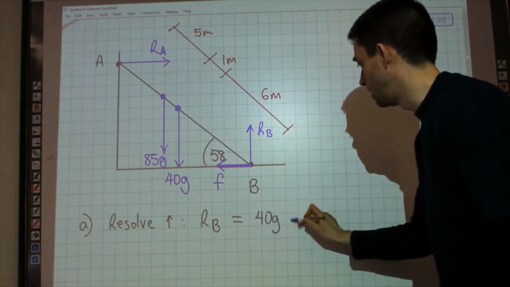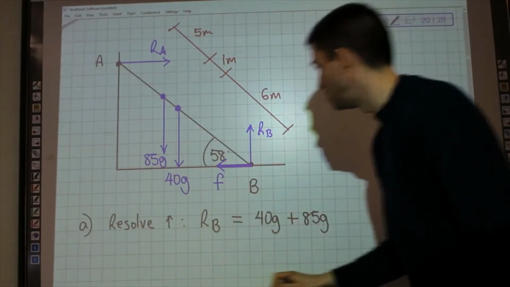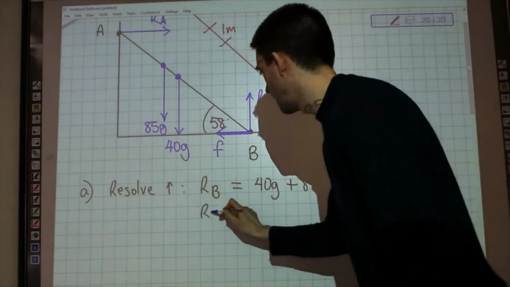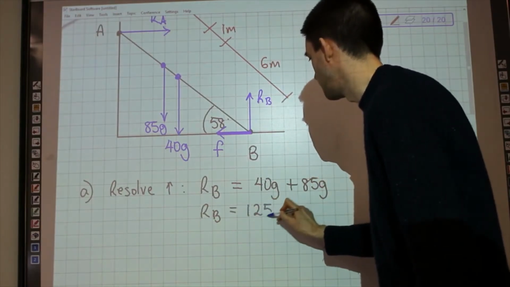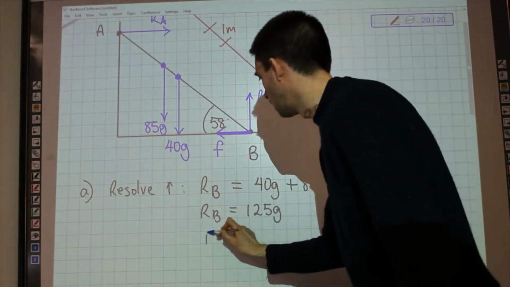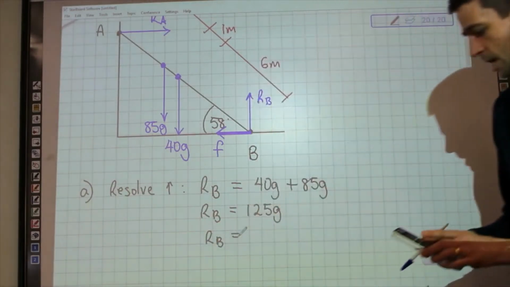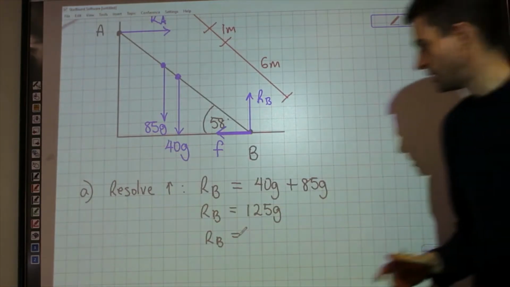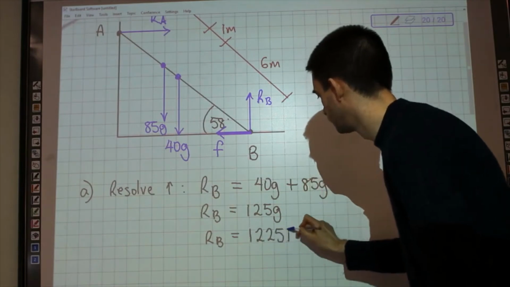So 40g plus 85g, which means that our reaction at B is 125g, which as a number, using 9.8 as we do in maths, is 1,225 newtons.